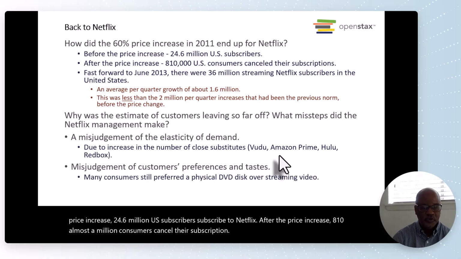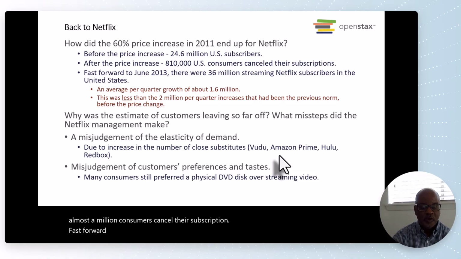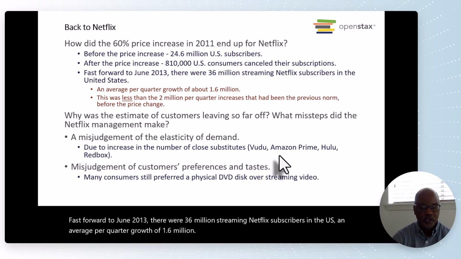Fast forward to June 2013, 36 million streaming Netflix subscribers in the US, an average per quarter growth of 1.6 million. This was less than the 2 million per quarter increases that had been the case before the price change.